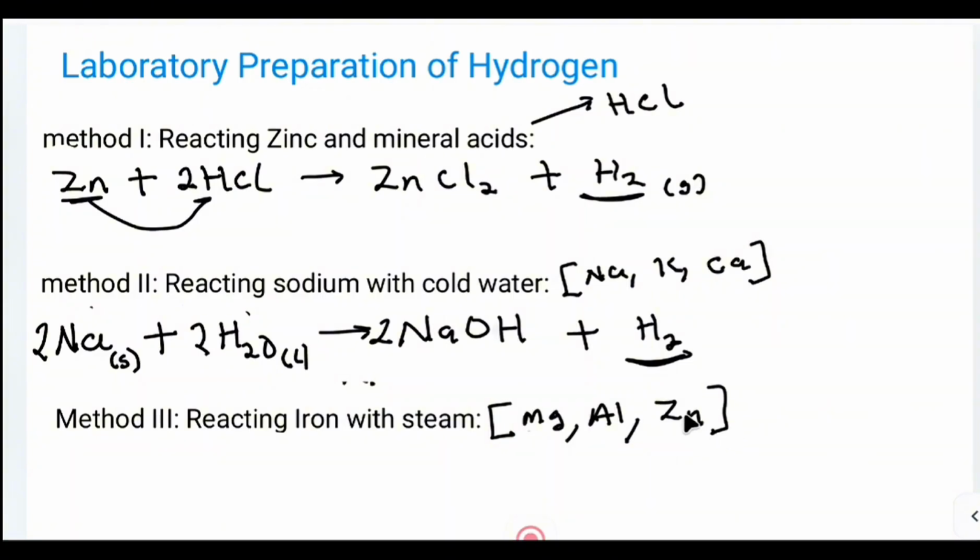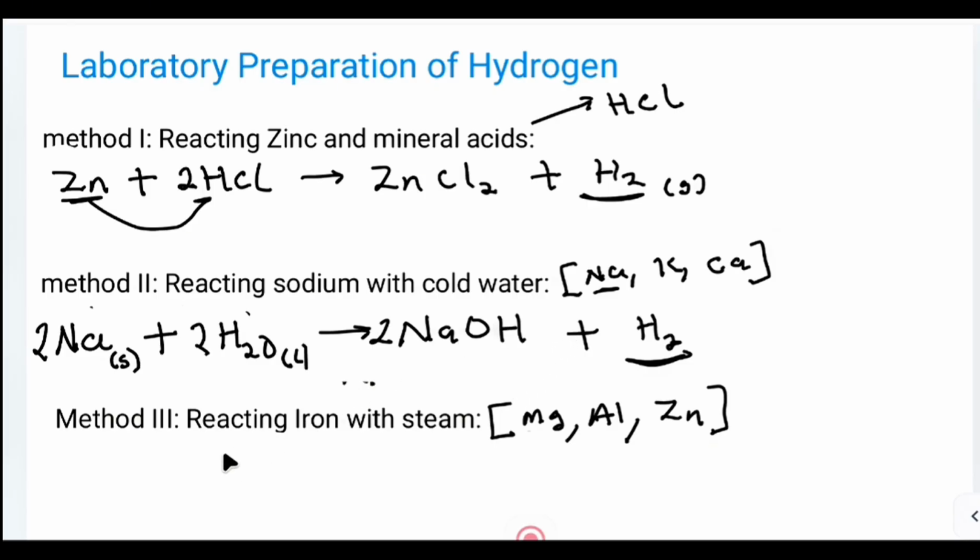Okay? Other elements that can react with cold water, I mentioned potassium and calcium. We already used sodium. Then, if you want to react with steam, you can use magnesium, aluminum, or zinc.